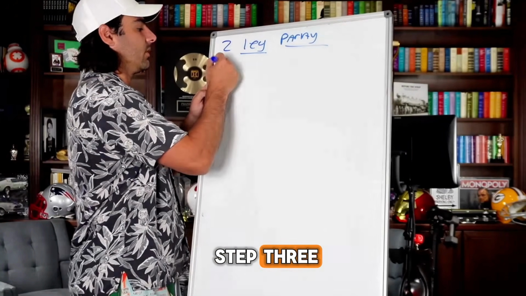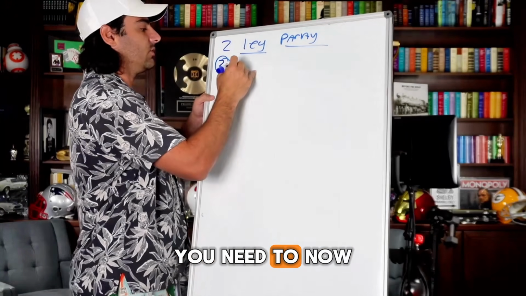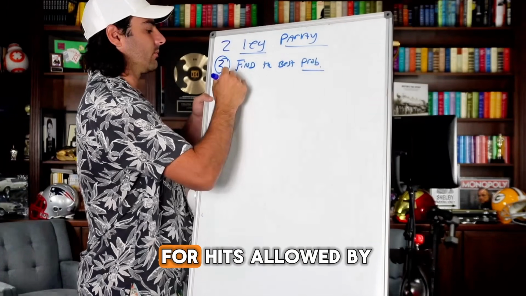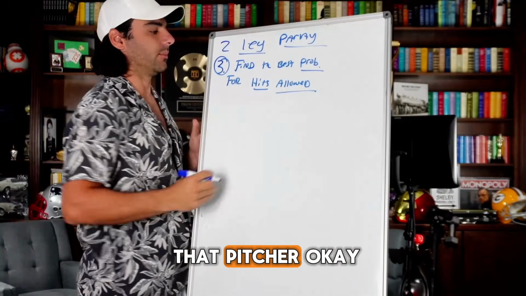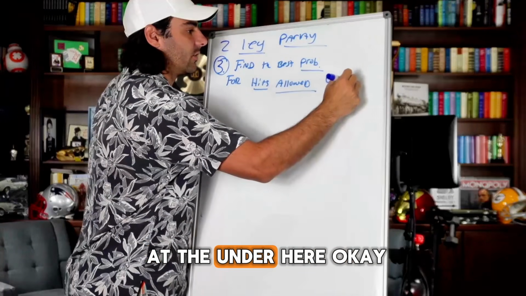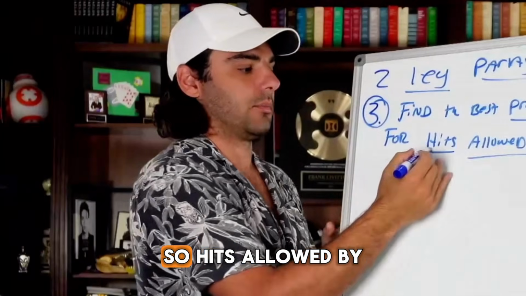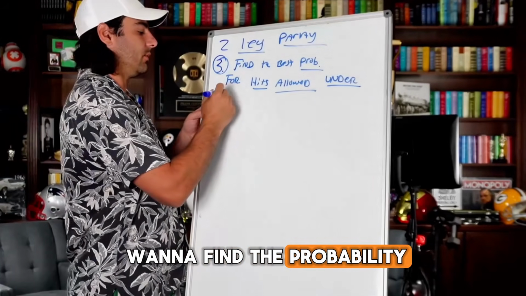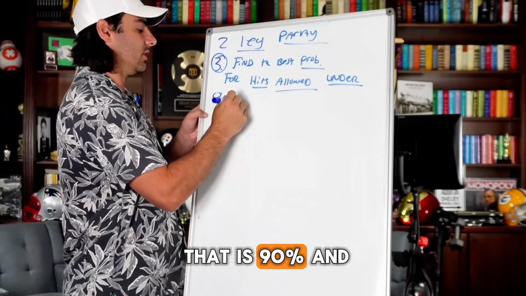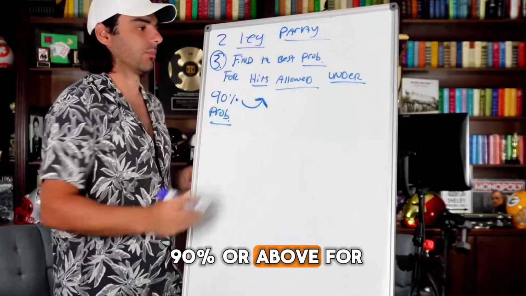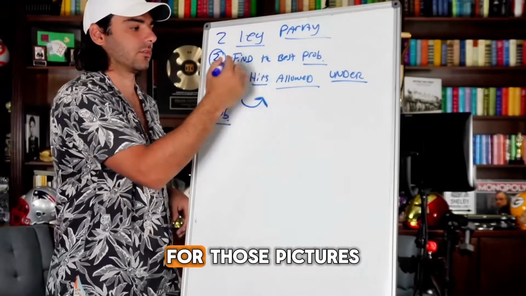Now let's get to step 3. You need to now find the best probability for hits allowed by that pitcher, for the under. So, hits allowed by the pitcher, the under. You want to find the probability that is 90% and up. Probability needs to be 90% or above for that under for those pitchers.